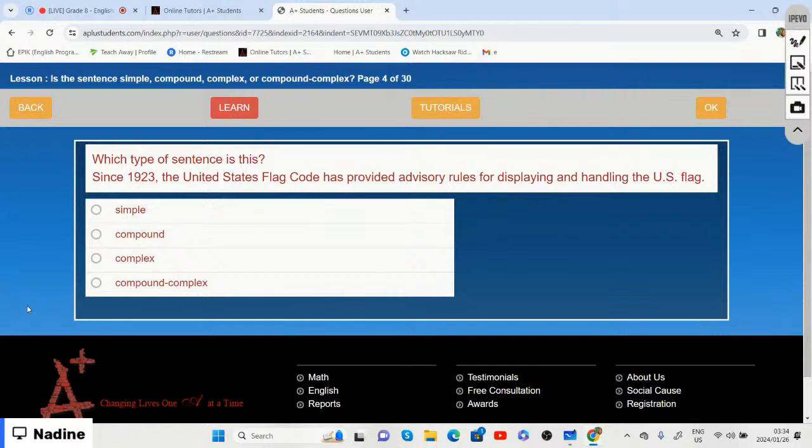We need to say if it's a simple sentence, it's definitely not a compound sentence. We need to say if it's a complex sentence or a compound complex sentence.